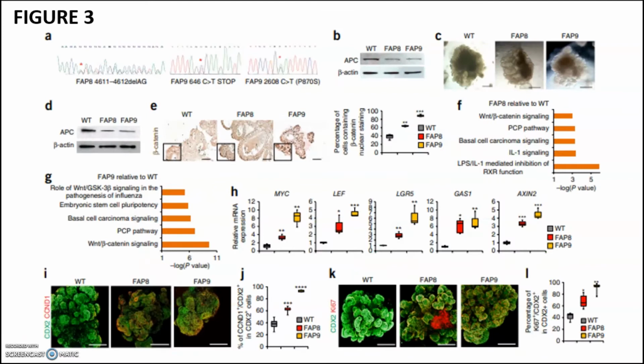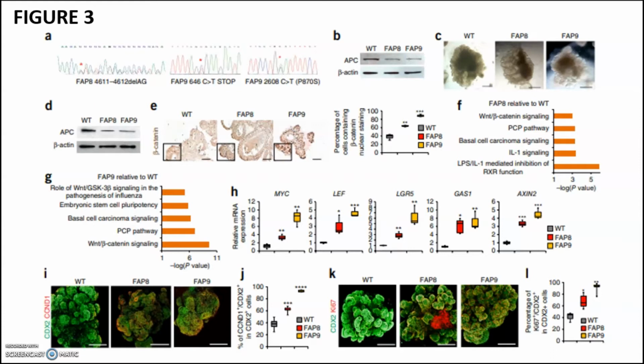So here in figure 3, Crespo et al. derived colonic organoids with familial adenomatous polyposis, which is an inherited form of colorectal cancer caused by mutation of the adenomatous polyposis coli, or the APC gene.